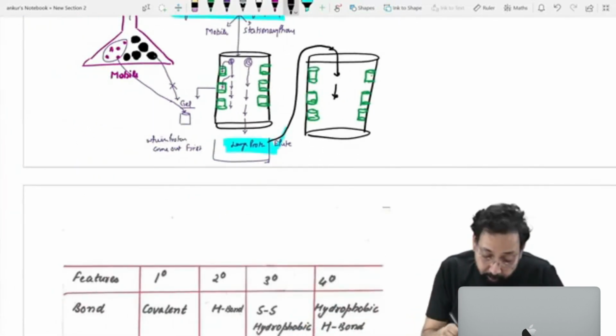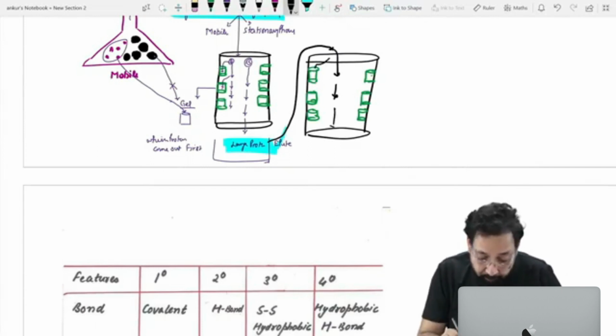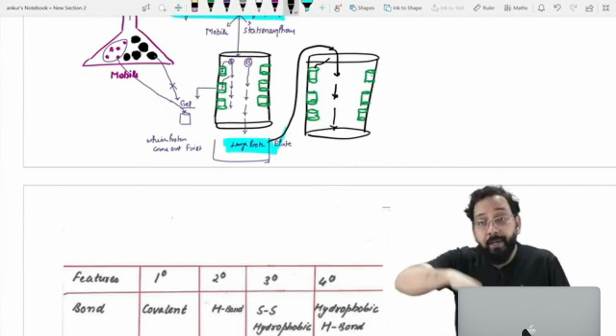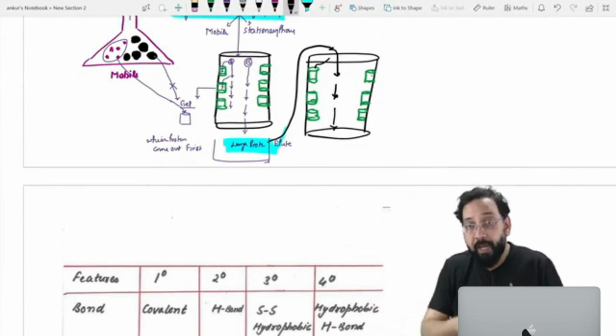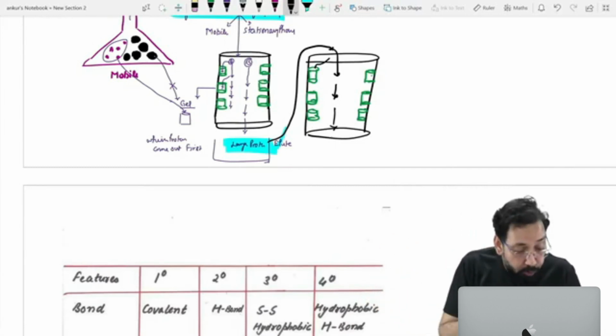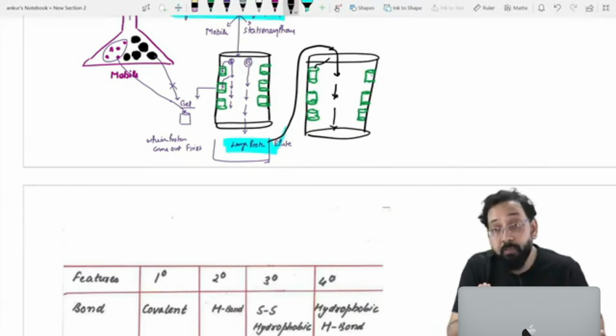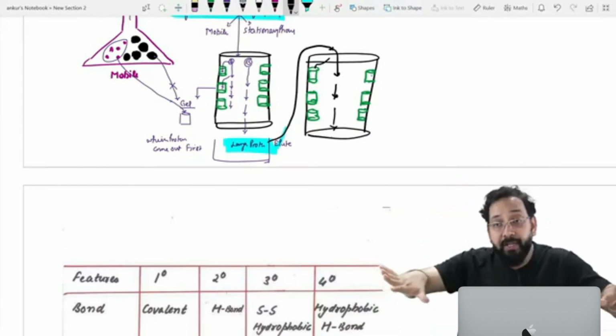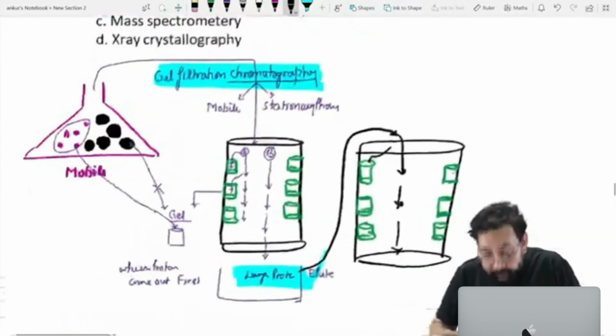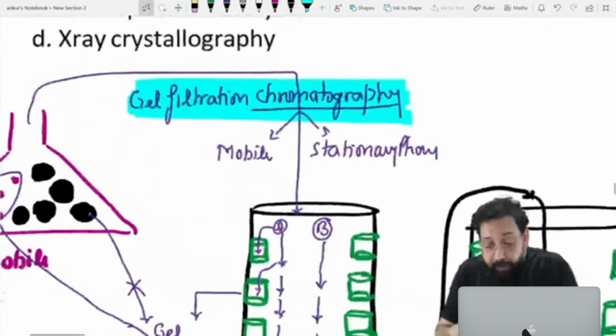Again, small molecules will enter the gel and large ones will come out. We do this again and again, and every time we get more and more purified protein. So chromatography is not a simple process where we put the mixture in and everything is separated immediately. It takes time.